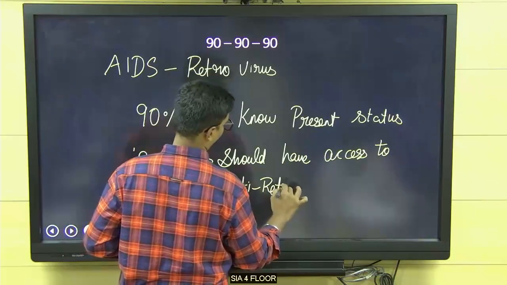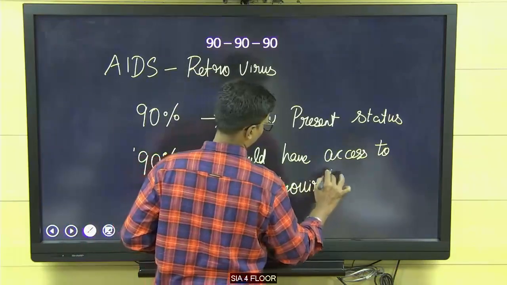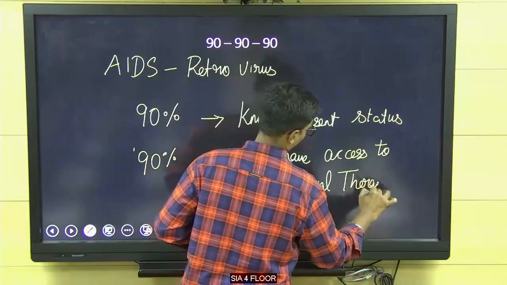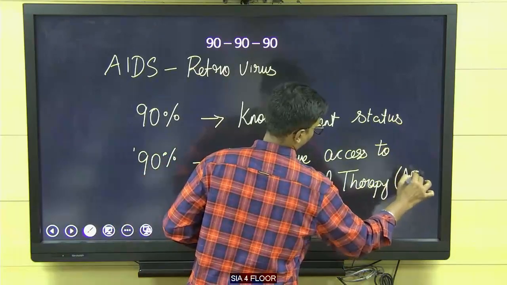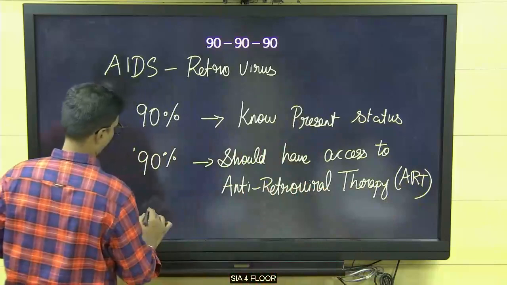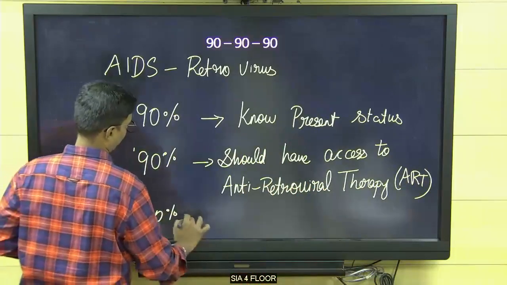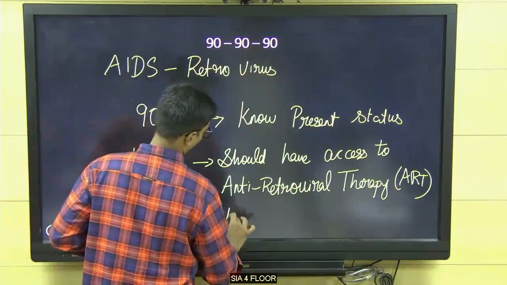And 90% of the people affected by HIV should have viral load suppressed.